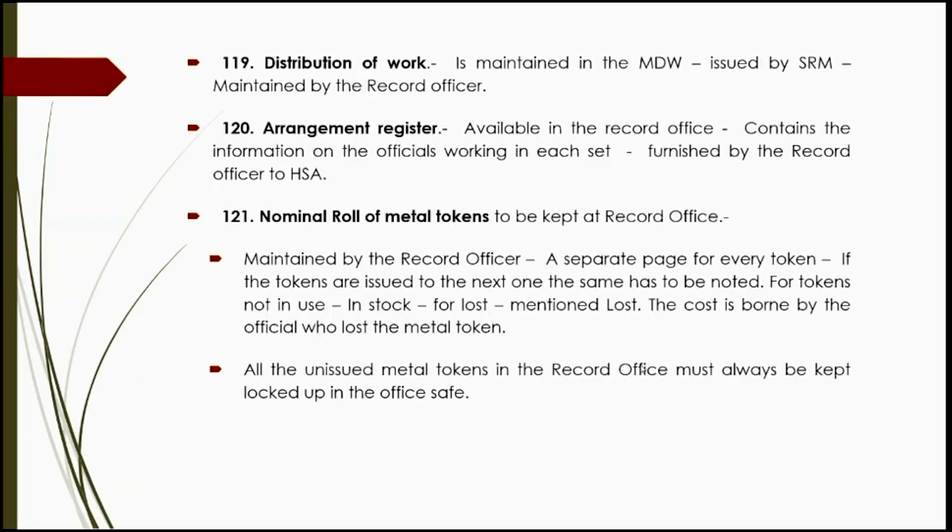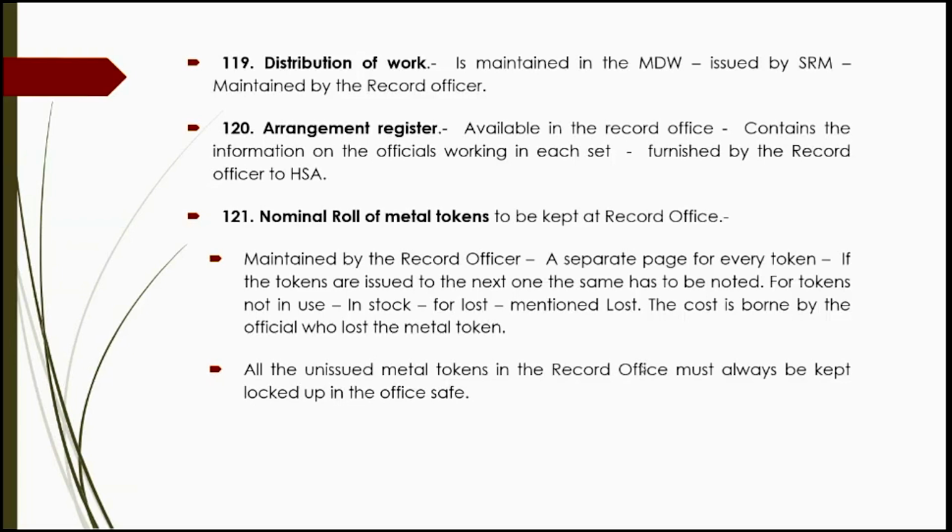We saw that the record officer can change the sorting assistant, change the set of the sorting assistant. So generally, whenever such things are done, their work is going to be changed. Distribution of work, or however it is, even if the number of sorting assistants is going to differ, whatever work they are going to perform is going to be recorded in the MDW, which is the Memorandum of Distribution of Work.